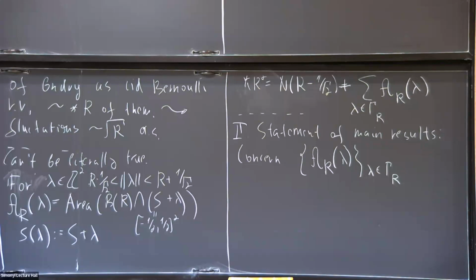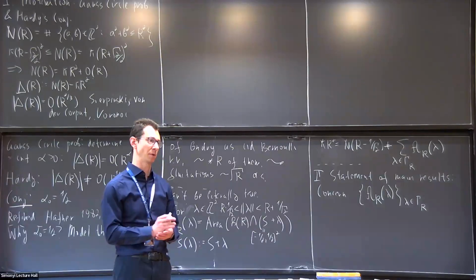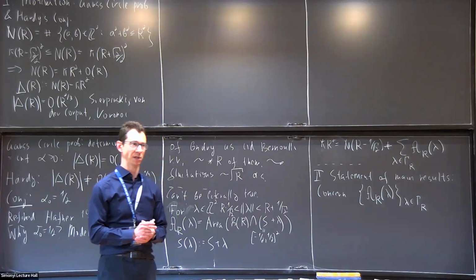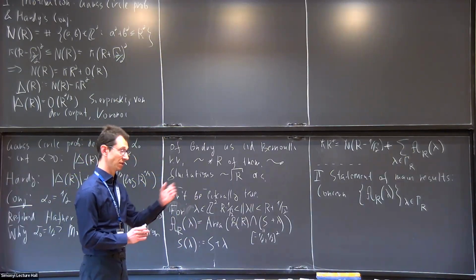In particular, one of the main questions is how to formulate this independence principle. Now we know that there is no independence here for the two reasons that we mentioned, but maybe if we have two far apart lattice points, maybe there is some independence, and we will be able to explore this idea, and we're going to formulate it via these numbers.